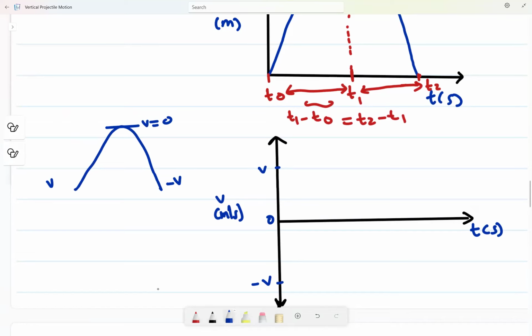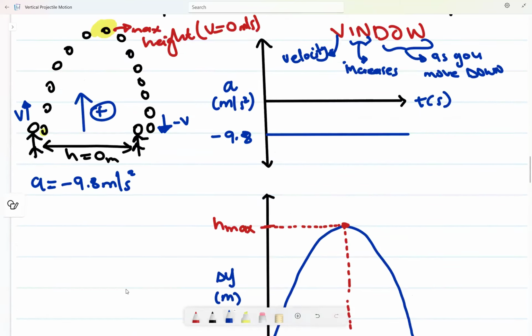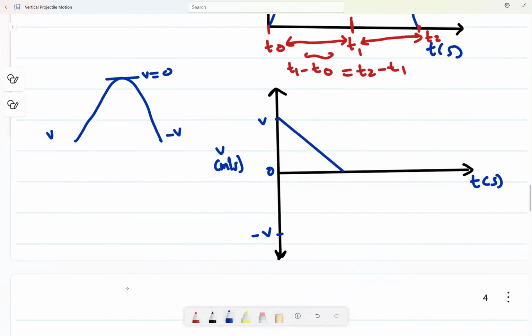So it starts here. For a velocity time graph, it's just a straight diagonal line. We chose upwards as positive, but as we move upwards the velocity decreased until it reached 0.